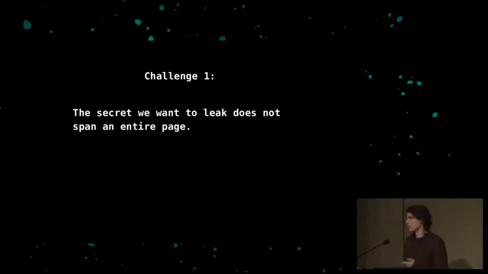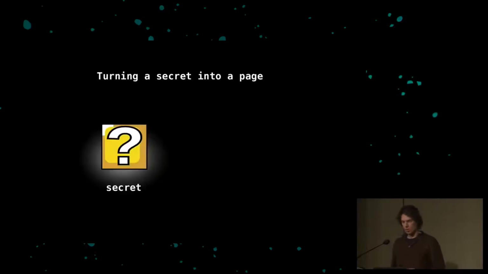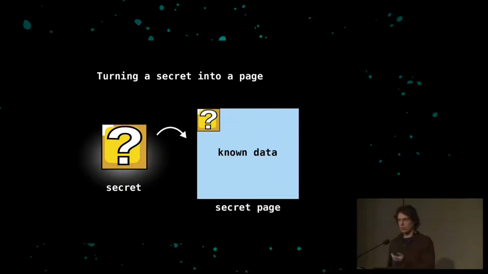But still, there are some problems with this. The secret we want to leak is probably somewhere in a page which contains other information that we don't know, and then we cannot craft a page to leak the secret. So we need to find a way to encode the secret into a memory page, such that we can retrieve the secret again.